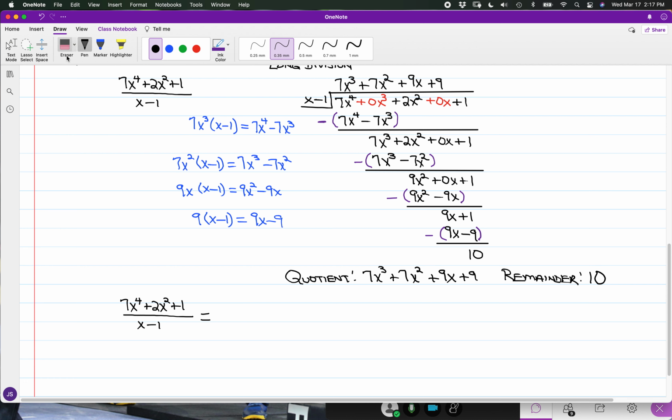So for the ratio, okay, so this is going to be the quotient, again, which we have with this 4-term cubic polynomial. So you got this, and then we have plus the remainder 10. And we have all over x minus 1. Okay, so you got your quotient, and then you had the remainder attached, okay, over the divisor.